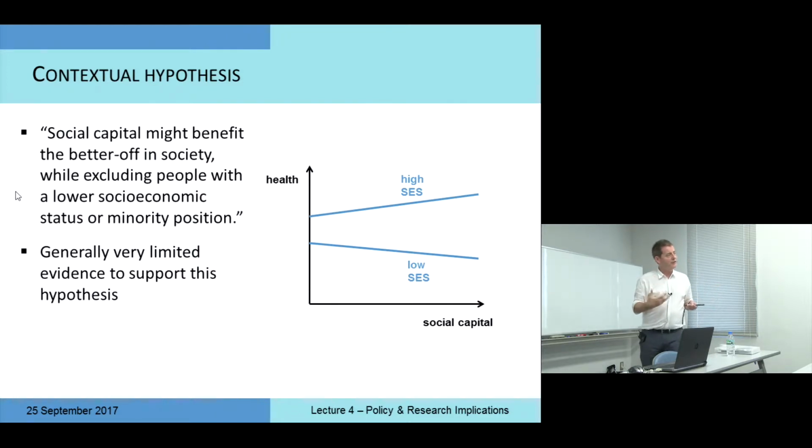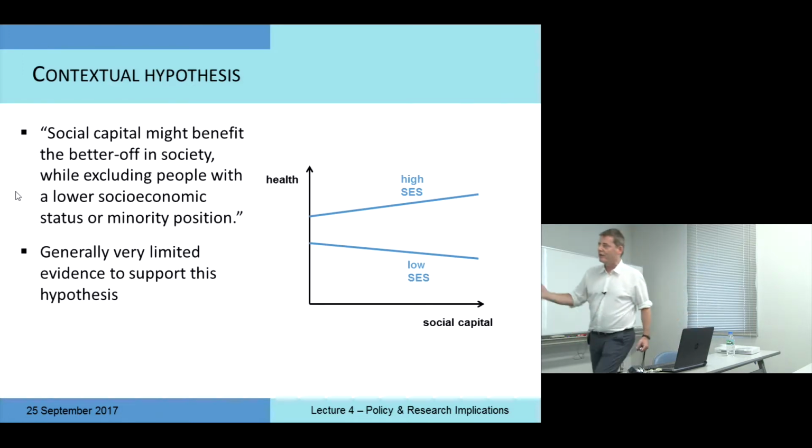This is an idea of social capital being good for some people, but actually more social capital worsens things for others. And it's because of perhaps the nature of the social capital, it tends to exclude others, and in that sense make their relative position even worse. That's the sort of thinking.